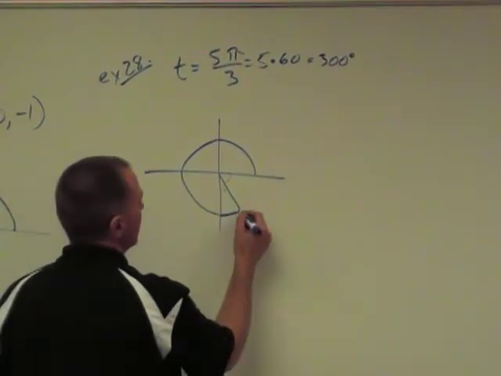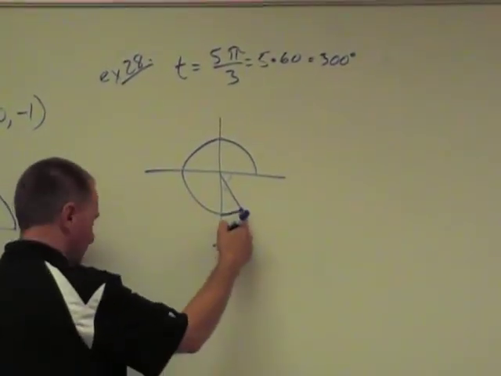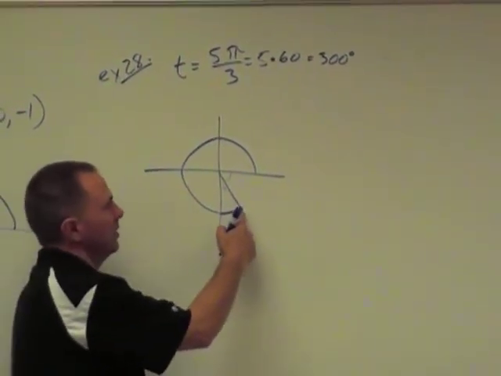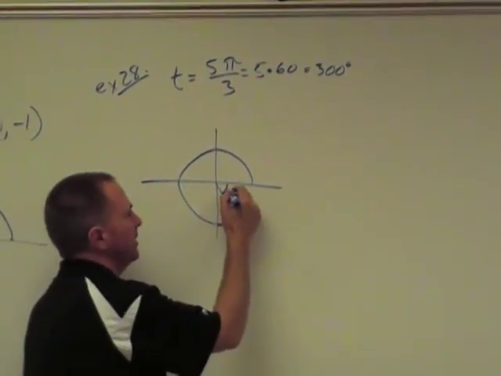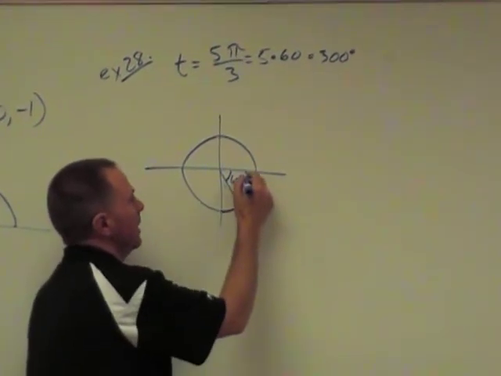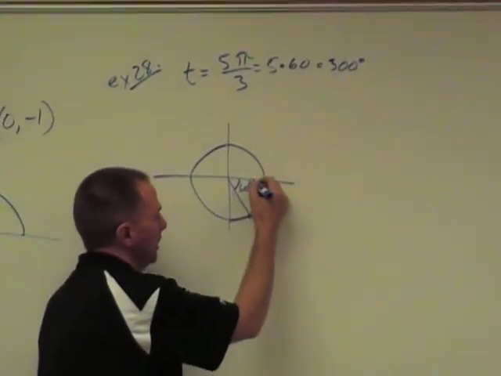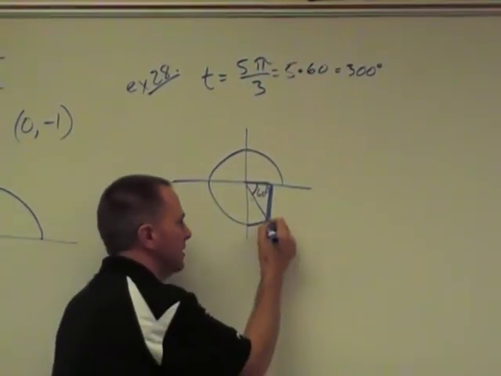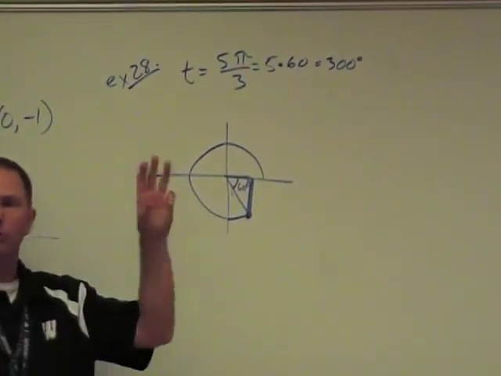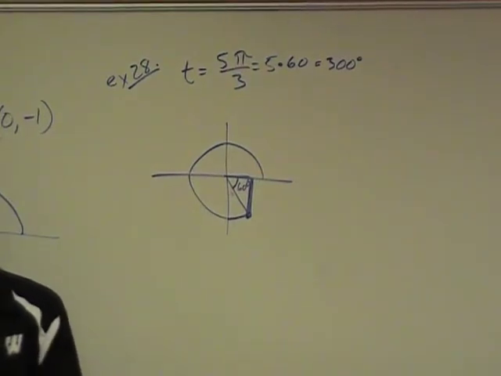What's my reference? 60. Okay, I want to know what this coordinate is. The only way to really know that is to understand what my reference angle is. That's a 60-degree triangle. So here's my longer leg, and I have a short leg here. So what is this point? That's why it's important to know the reference angles.